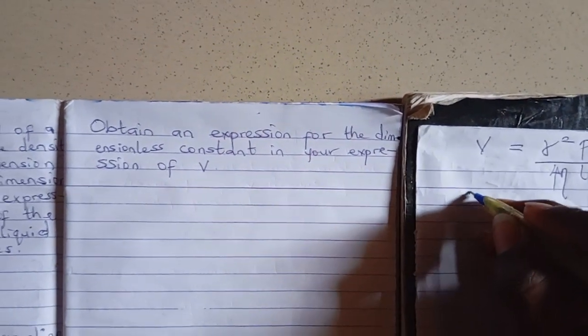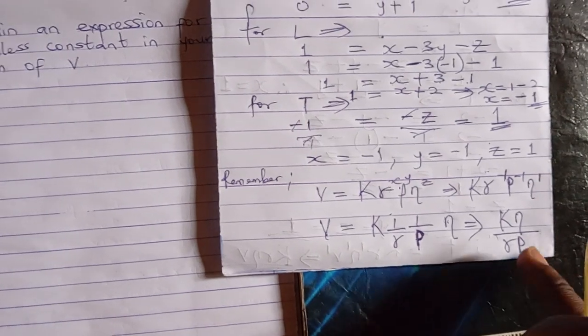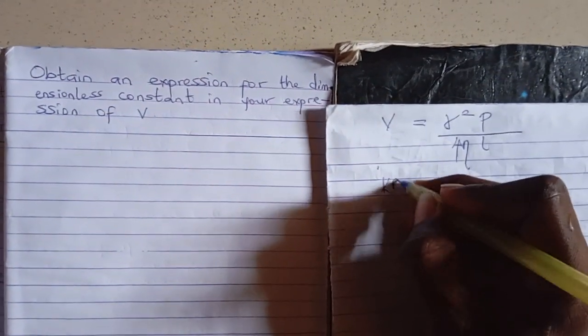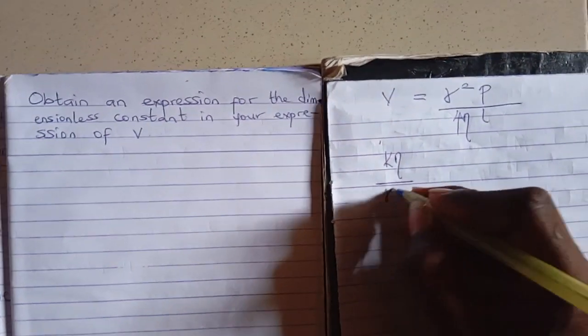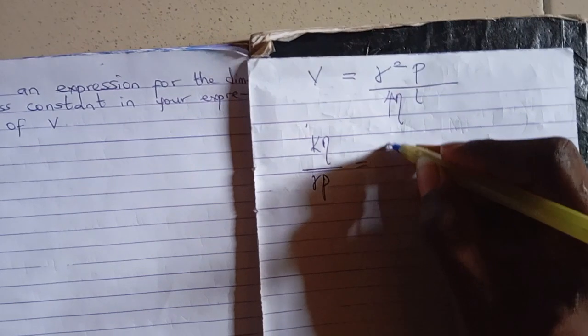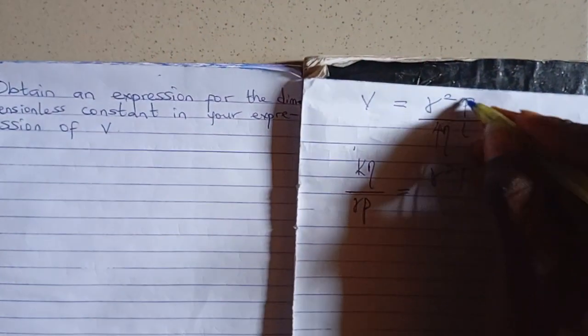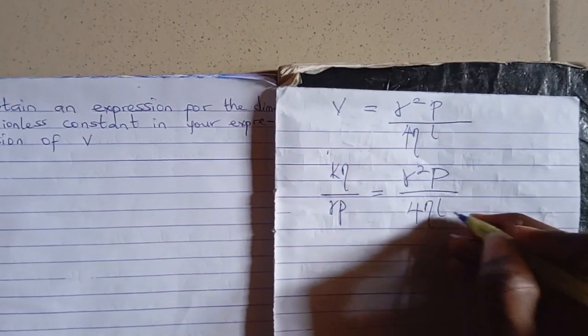Now remember that from our calculation, v is equal to kη all over rρ. So anywhere we see v, we'll replace it with this: r squared, and this is capital letter P, that is pressure, all over 4ηL.